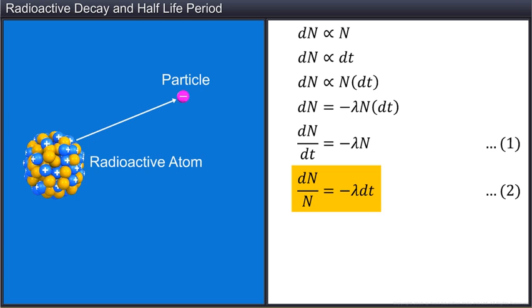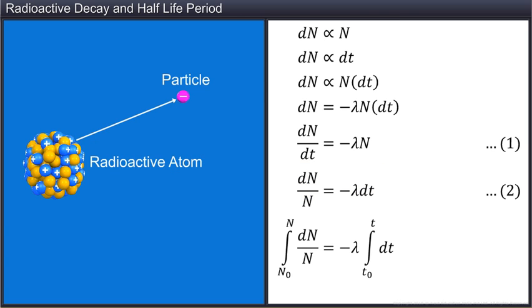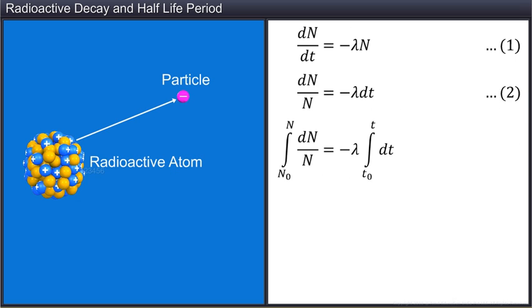Integrating equation 2, we get integral dN by N in the limits N naught to N is equal to minus lambda integral dt in the limits t naught to t. Here, N naught is the initial number of nuclei at time t naught, and N is the number of nuclei at a later time t. Evaluating the integral, we get log N to the base e minus log N naught to the base e is equal to minus lambda times t minus t naught.